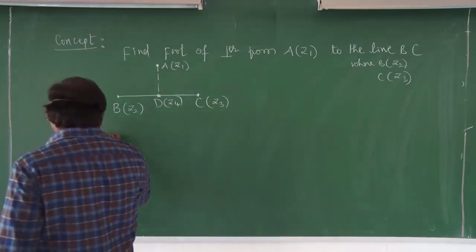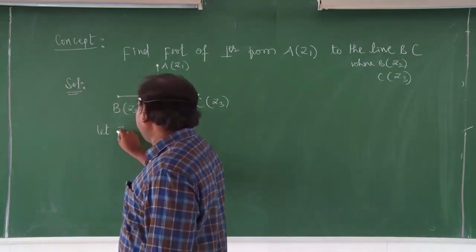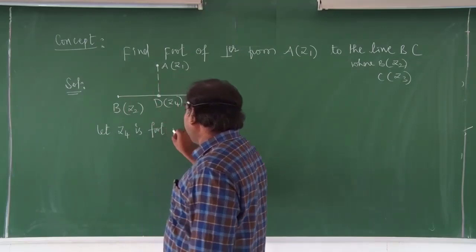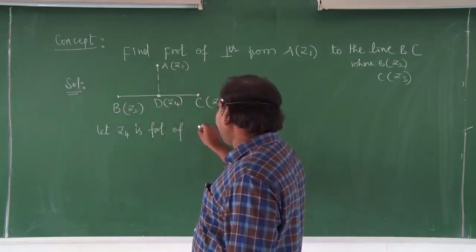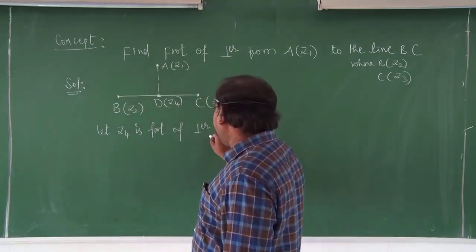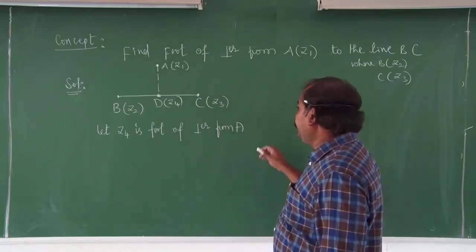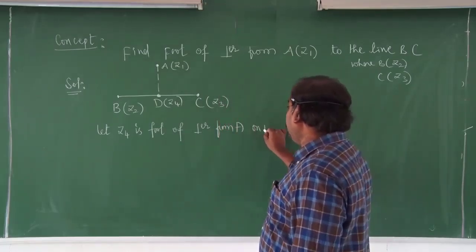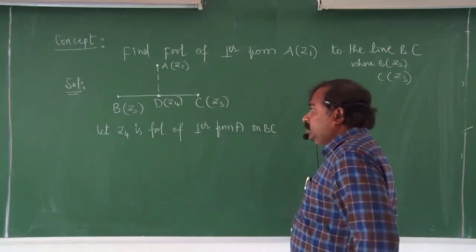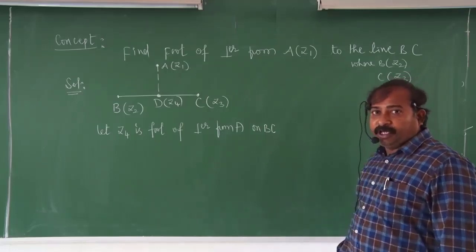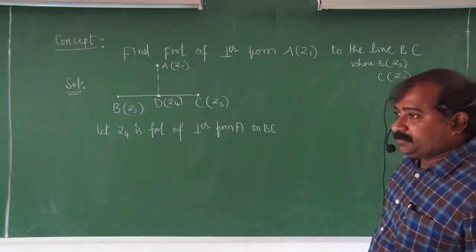Here I am writing, let Z4 be the foot of the perpendicular from A on the line BC.